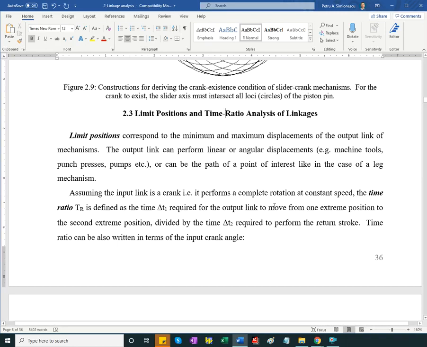Limit positions are minimum displacements of the output link primarily. We can look at limit positions of other than the output link, but in most applications we have motor input that is a crank to the ground, not floating, like in the oscillating fan case, and we pick an output, and the output is at the base as well.